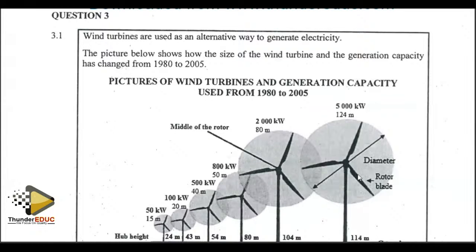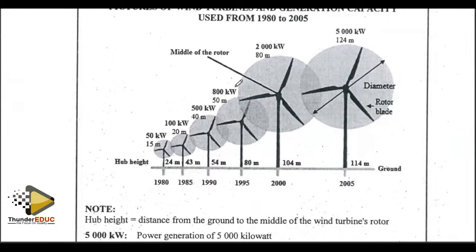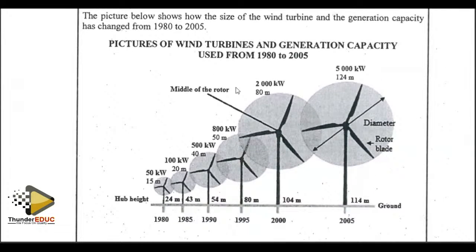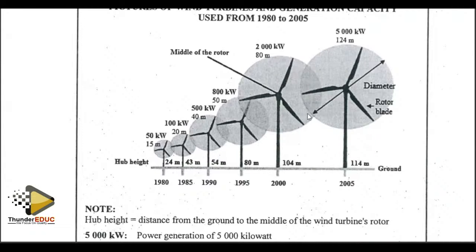All right, number 3. Wind turbines are used as an alternative way to generate electricity. The picture below shows how the size of the wind turbines and generation capacity has changed from 1980 to 2005. All right, we go up and you see them. There we go, from 50 kilowatts to 5,000 kilowatts, 100 times more. And as you see, they also grow in the diameter, the circumference, the radius.